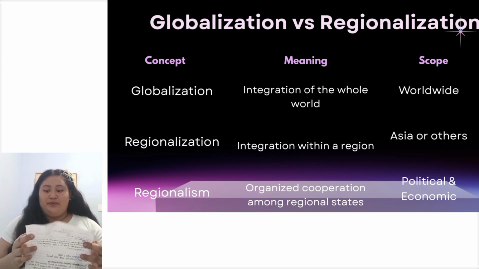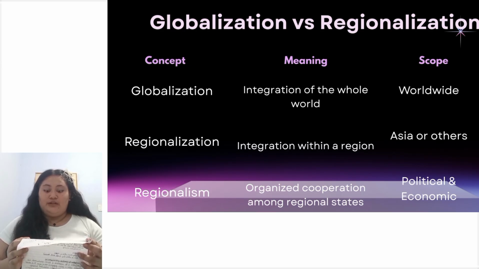Then next is regionalism, which means organized cooperation among regional states, with political and economic scope. Regionalism is the formalized political project by governments to create and sustain regional cooperation and organization.